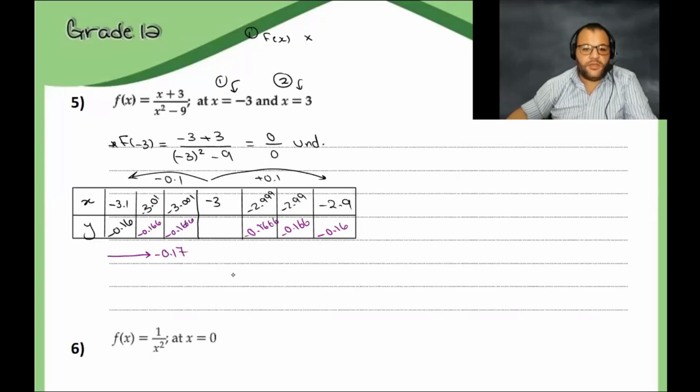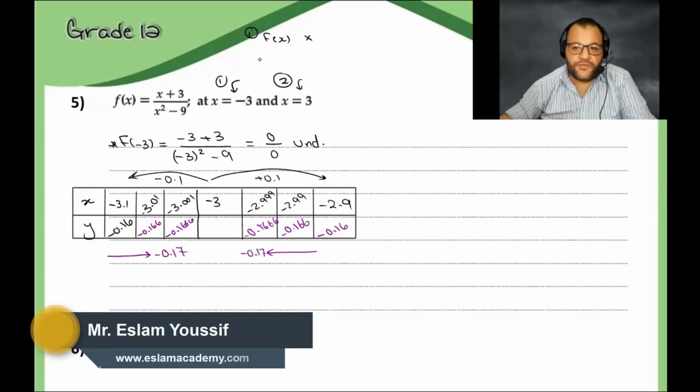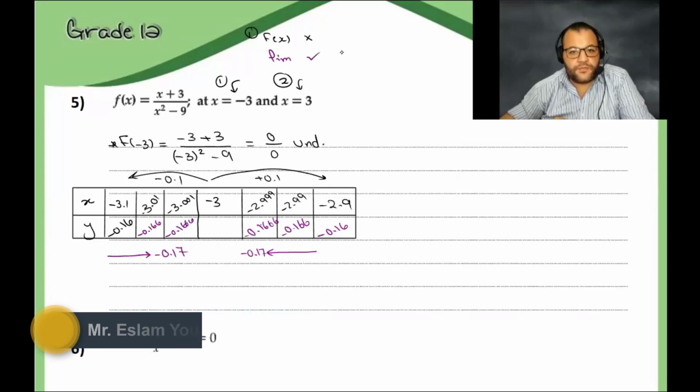So this side is also approaching negative 0.17, as from the left side. Now there is no value of the function, but we have a limit.